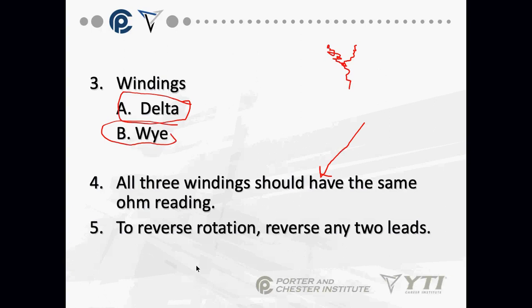If the motor runs backwards, which happens occasionally when you first connect a three-phase motor, just reverse any 2 leads. In other words, if you connect a three-phase motor to an air conditioner and it starts running backwards, you can either see it or hear it, you're just going to take L1 and L2 and reverse them, and it will fix the problem.